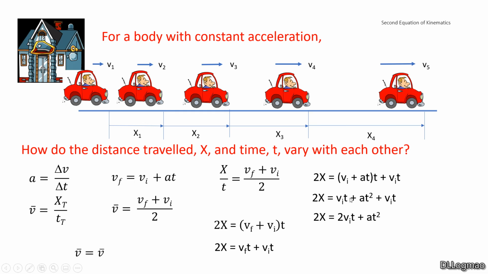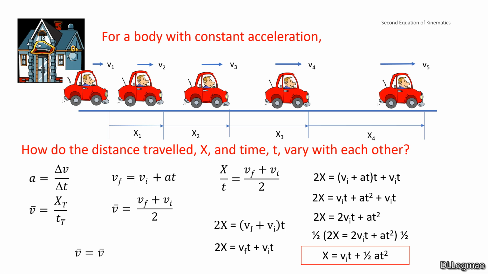Then divide both sides by 2. The distance traveled x is the sum of the product of initial velocity times time and 1/2 of the product of acceleration and the square of time. This is the second equation of kinematics.